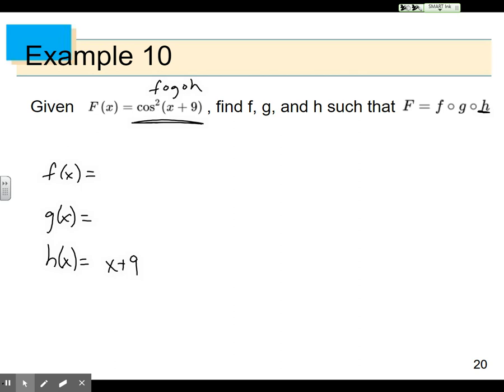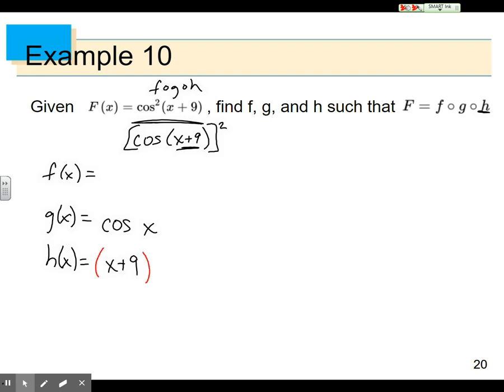Be careful on this, because I could actually rewrite this. Remember, the mathematicians got lazy. Oh. We actually already messed up, didn't we? Because that cosine squared means that I'm taking all of this and squaring it. Oh, so we didn't mess up. So what's on the inside would be this x plus 9, but what's happening next is I'm actually taking cosine of the x plus 9.